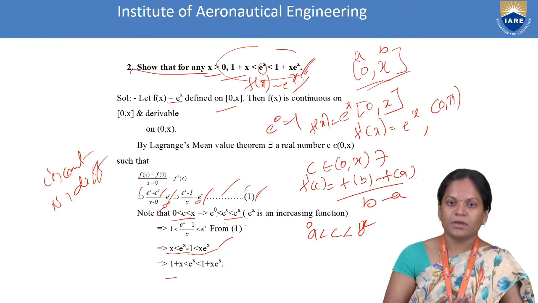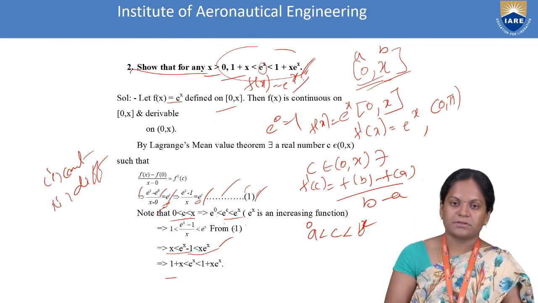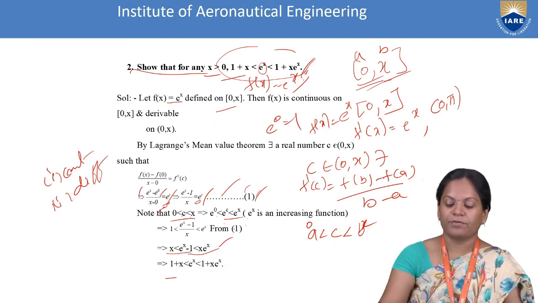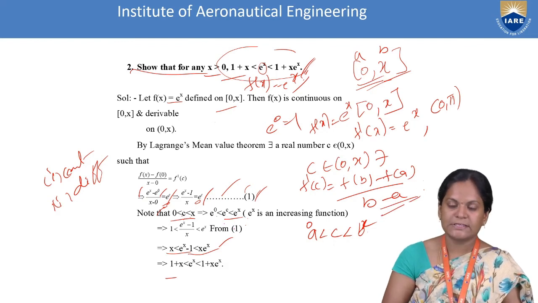In this problem, we consider 0 and x as the interval limits. Then there exists a point c in between a b such that f dash of c equals f of b minus f of a by b minus a. B is nothing but x, a is nothing but 0.